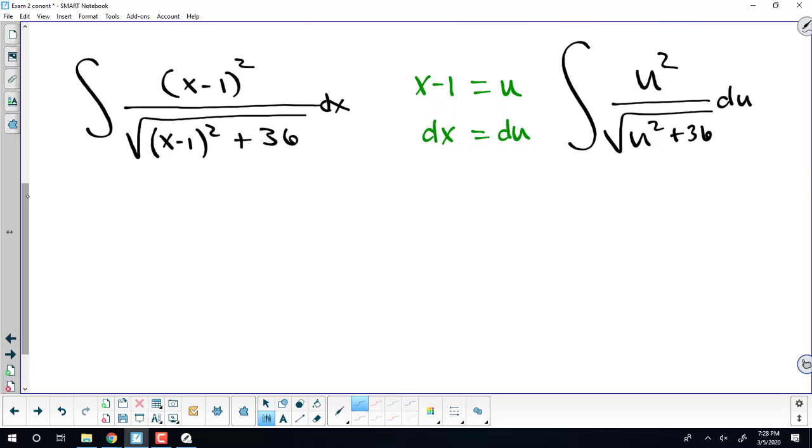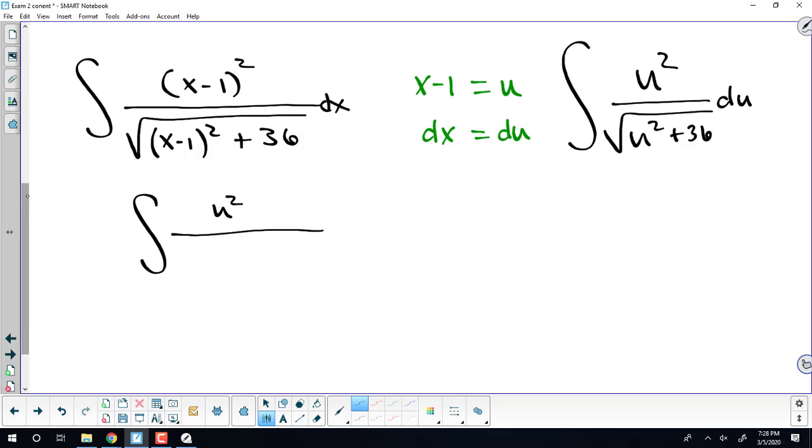Difference of squares on the bottom, so however you handle it, the textbook just says make a trig substitution. We're going to use sine, cosine, or tangent for our substitution. Tangent, because we have tangent squared plus something is secant squared. But the textbook would say, let u equal 6 tangent theta, and then you factor out later.